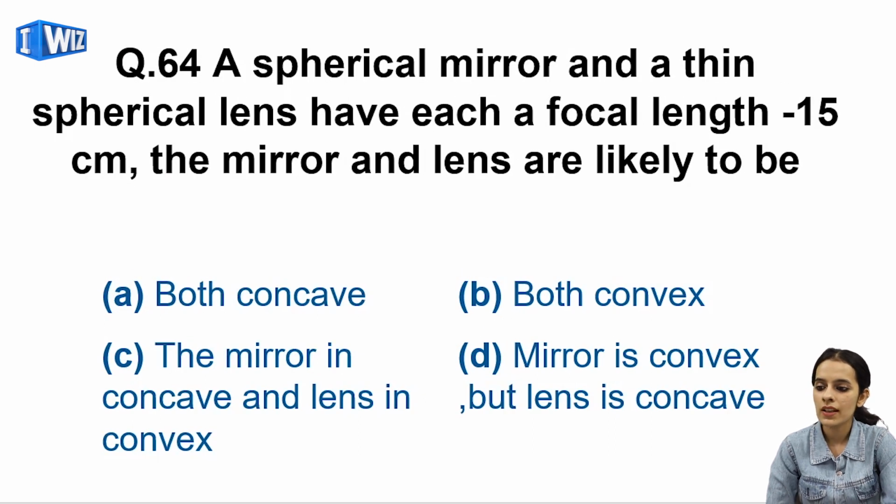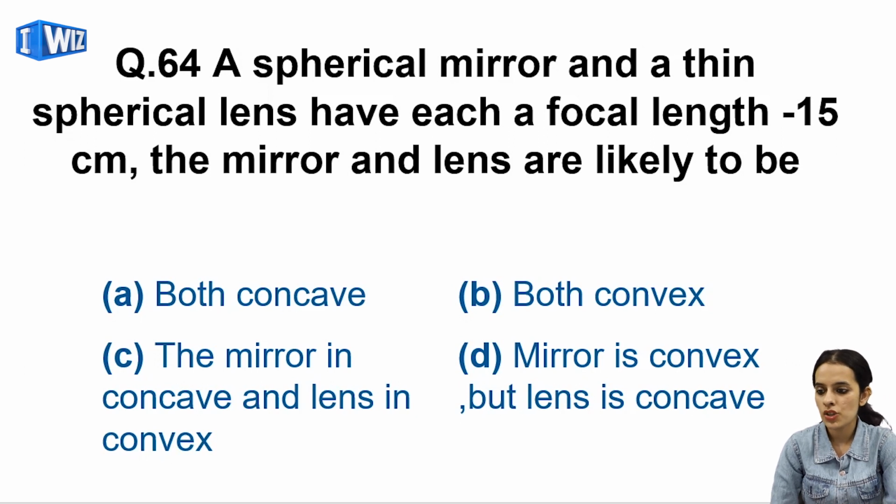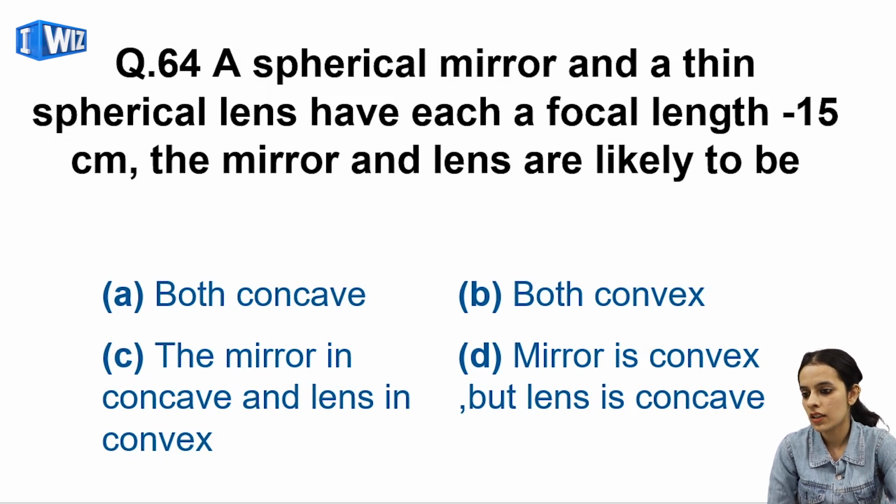Next, a spherical mirror and a thin spherical lens each have a focal length of minus 15 centimeter. So the mirror and the lens are likely to be, both having a focal length of minus 15 centimeter. Focal length is negative in which case? Remember that.